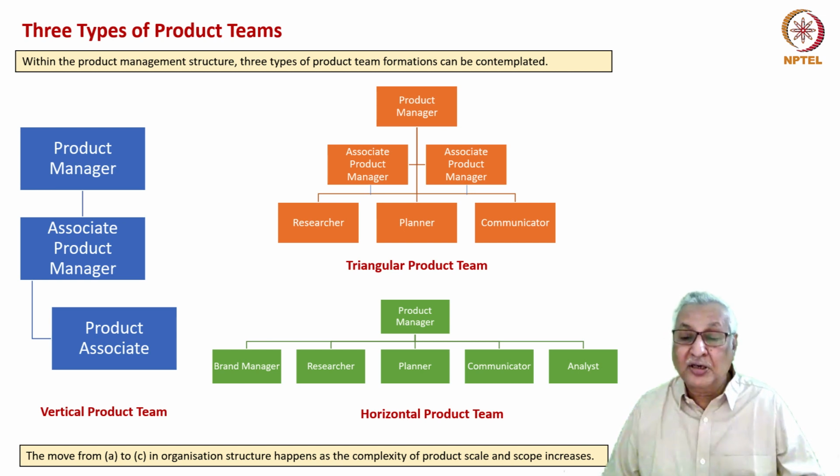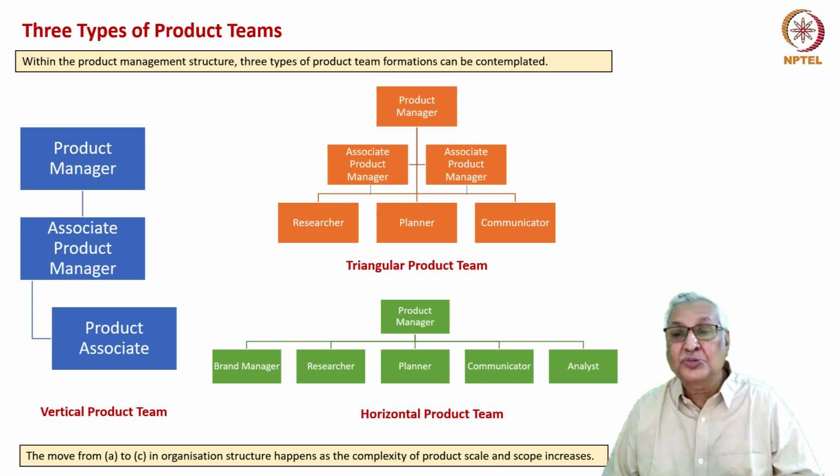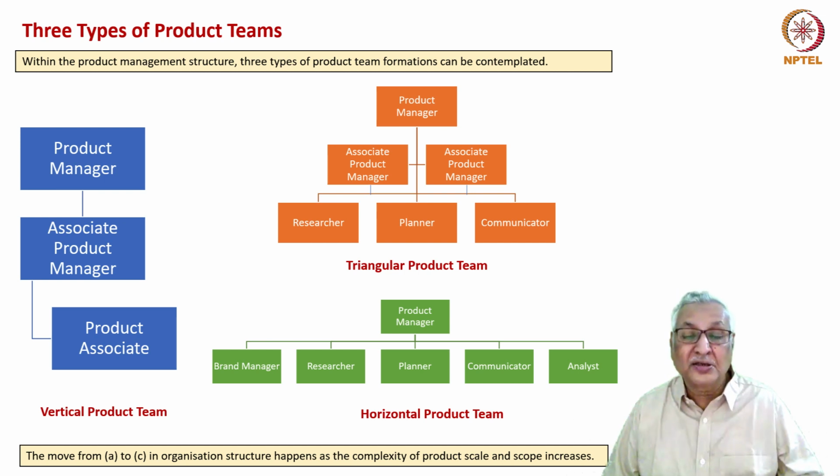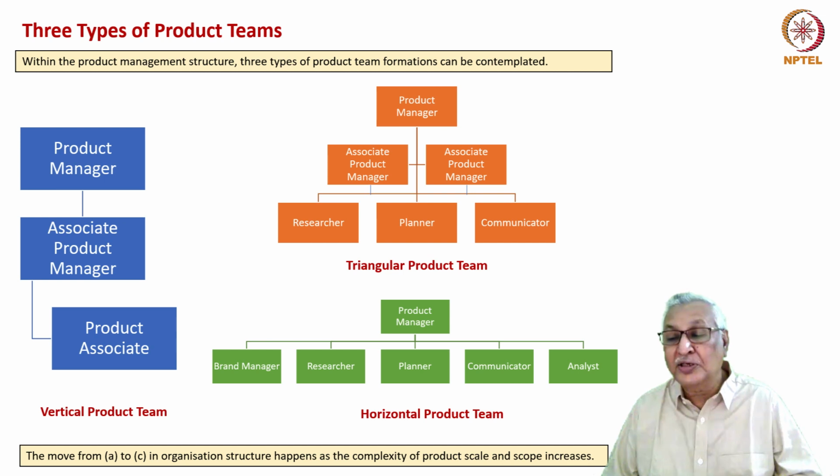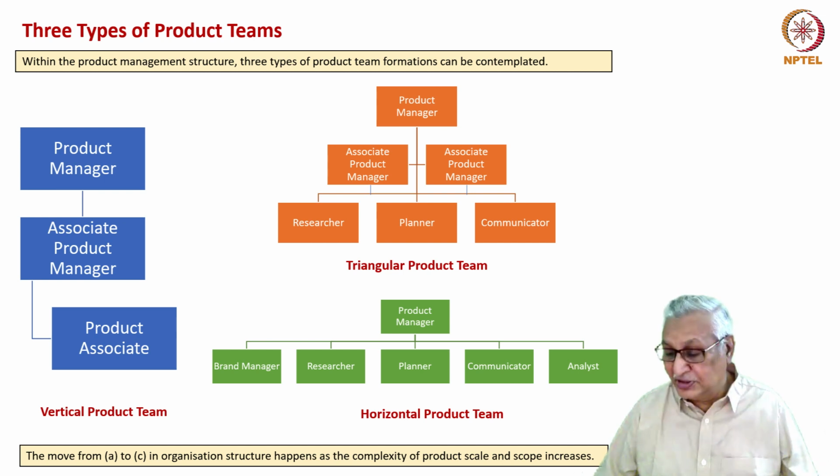You can have a horizontal product team wherein the product manager directly oversees a number of functions related to product management. It could be brand building, researching, planning, communicating, and data mining. The move from one organization structure to another, let's say A to C, happens as the complexity of product scale and scope increases.